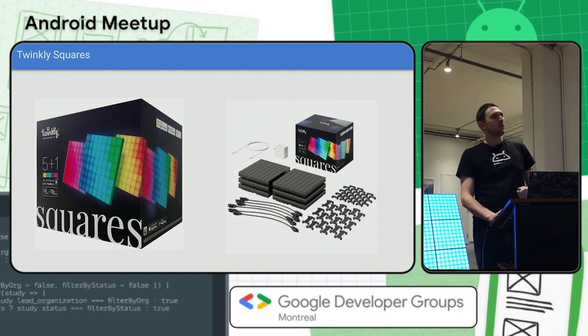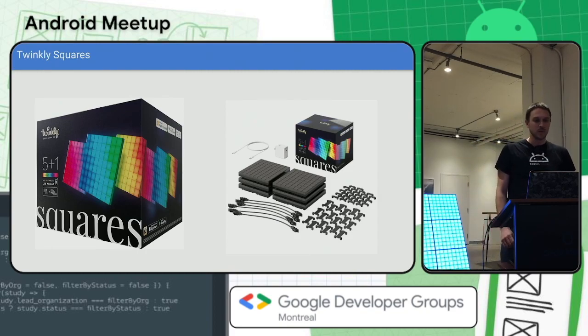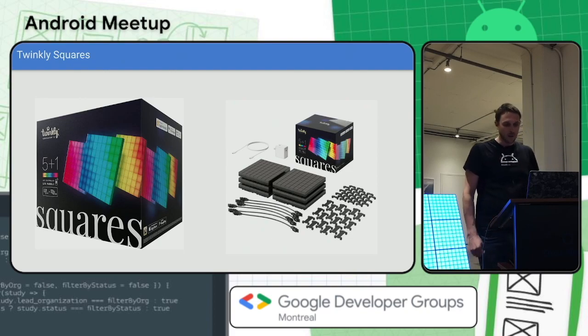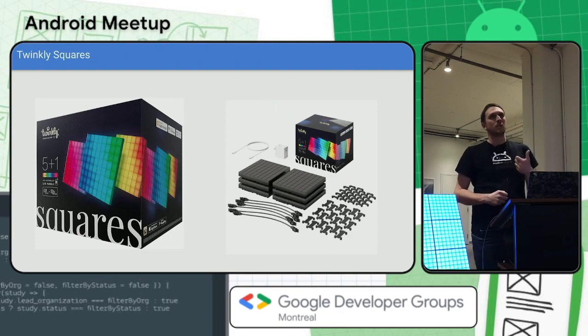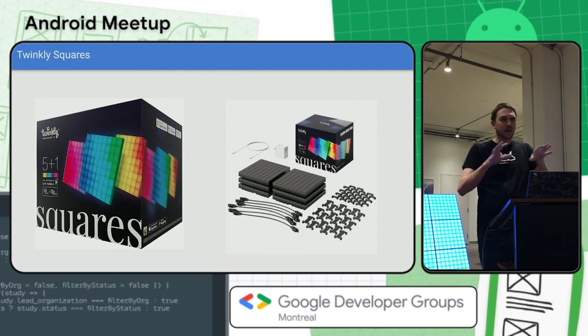Initially, I had received a gift for Christmas in 2022 from my wife, and it was an LED strip from Twinkly. And I found that the mobile app was really reliable, the onboarding process too. You know, like smart lighting products, sometimes they're not all equal.